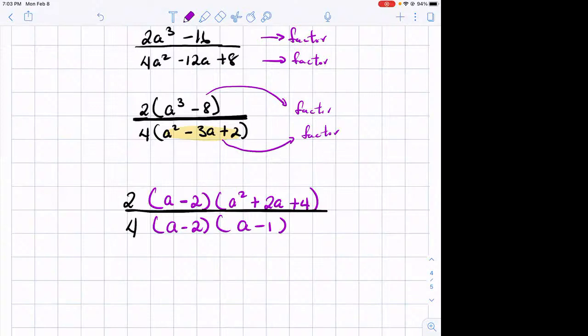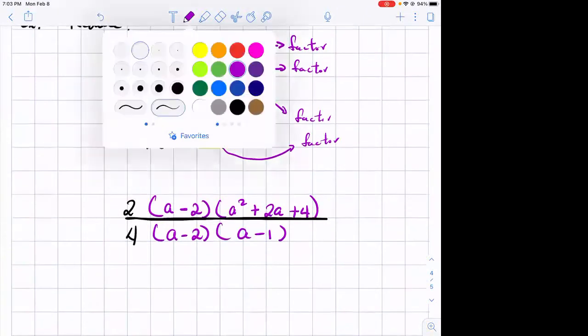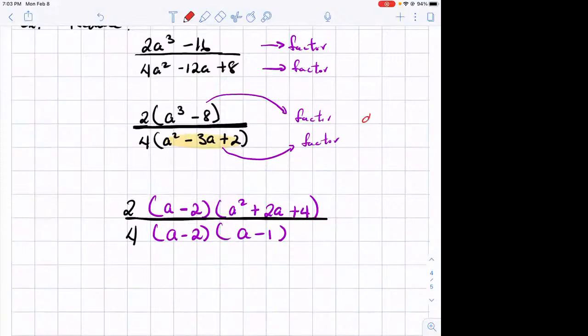So you may want to recall or refresh the difference of cube formula. Let me rewrite that for you. The numerator is the difference of cube, so if you look that up in your notes, the difference of cube.